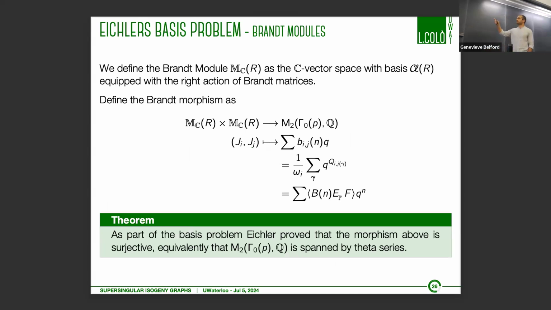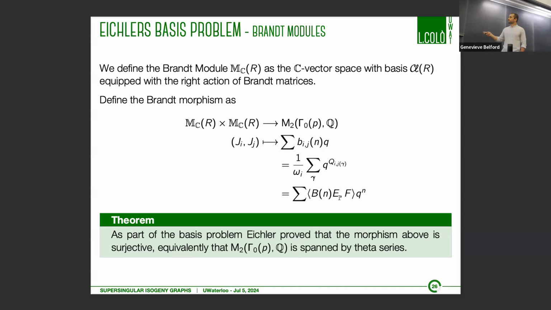As I was mentioning before, a major step in this theory was the work of Eichler in the 50s. The main conclusion that he was able to draw was that if you repeat this construction and reconstruct this theta function associated to these Brandt matrices, then you're able to span the whole set of modular forms associated to Gamma_0(p). The way he was doing it was constructing the C-vector space with basis the representatives of the classes of ideals.